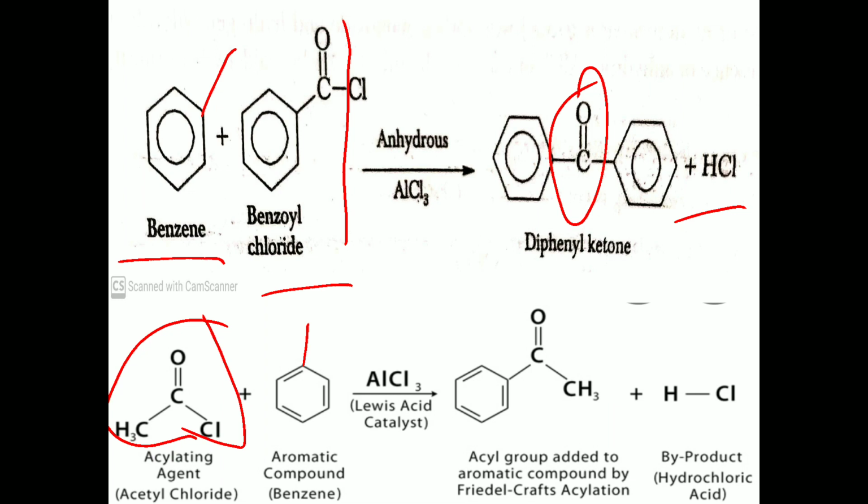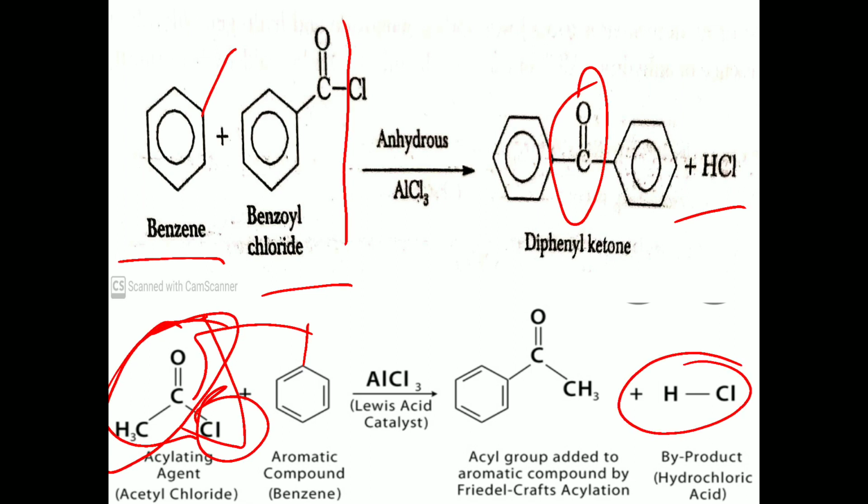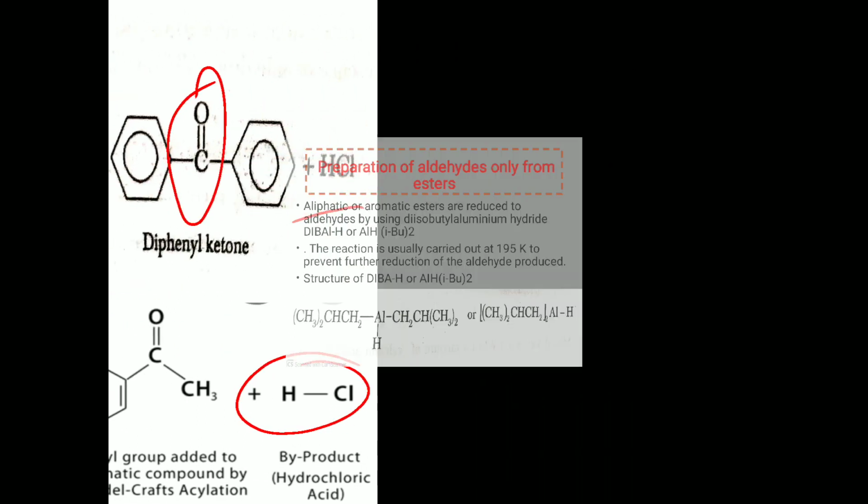Here the C double bond O CH3 group is attached, and this Cl reacts with the H and we get HCl, hydrochloric acid, as a byproduct.